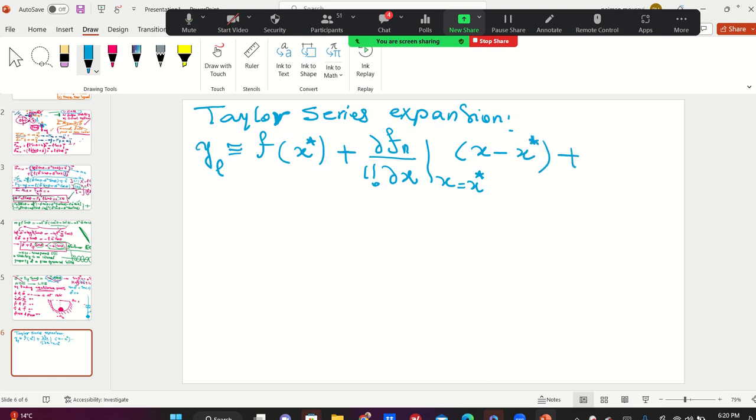And we don't care about the rest because the rest, as you know, is second order, third order, nonlinear. This is Taylor series expansion.